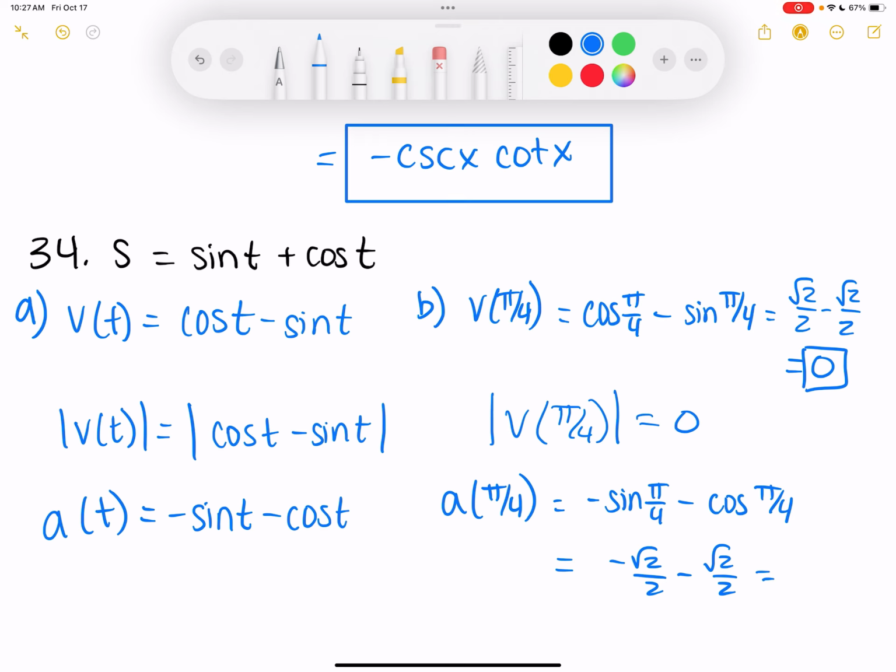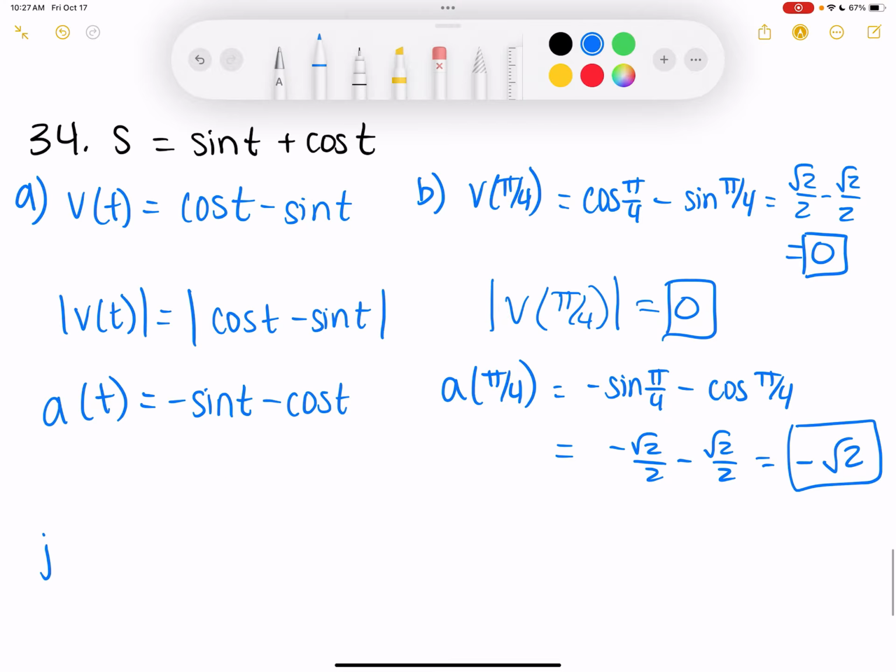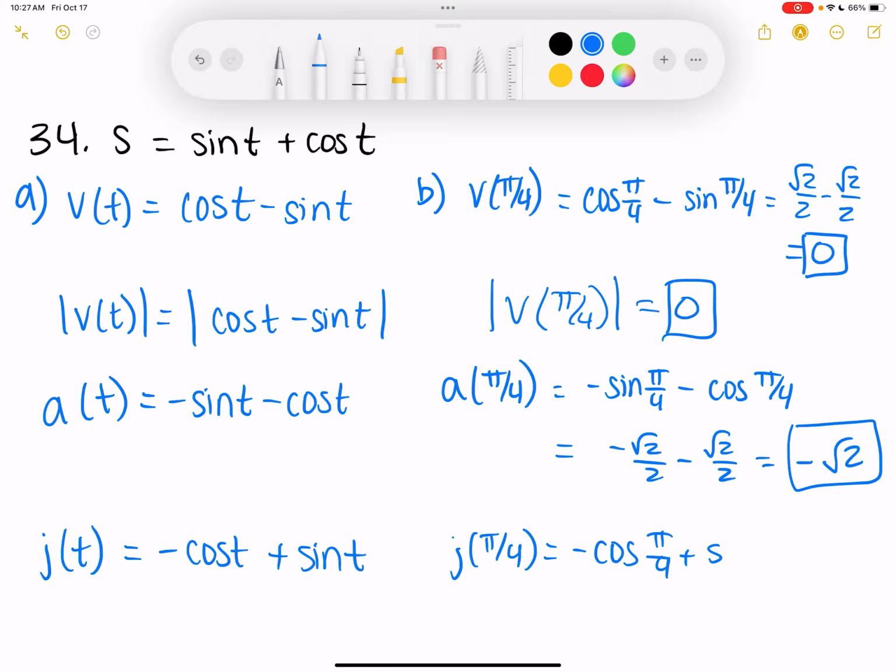And then lastly is jerk. What would that one be? Negative cosine t plus sine t. Yep. So then j of pi over 4, negative cosine of pi over 4 plus sine of pi over 4. So again, we've got negative root 2 over 2 plus root 2 over 2. So that's also just 0.